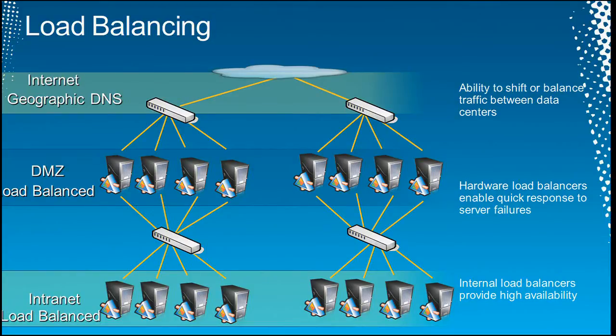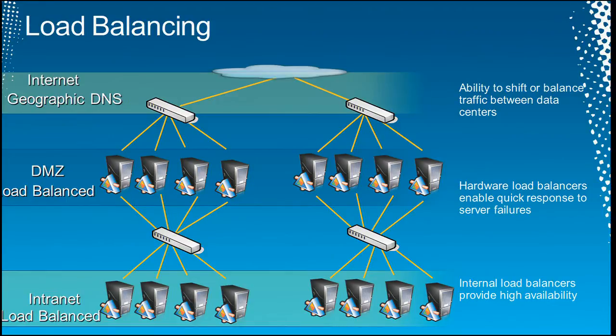So users in Tukwila, users in North America, South America are able to resolve msit.adfs.microsoft.com to the Tukwila instance of the farm. Users elsewhere in the world, EMEA, APAC, are able to resolve to their geographically appropriate data center. So that's my first level of load balancing.